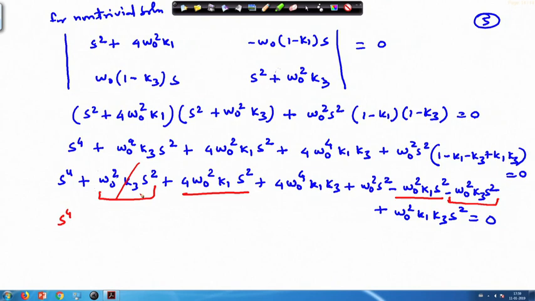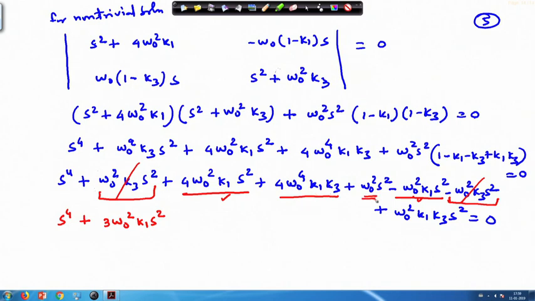So, this term will get cancelled. And this term and this term, we can combine them together. So, this becomes 3 omega 0 square k 1 times s square. This is a constant term.